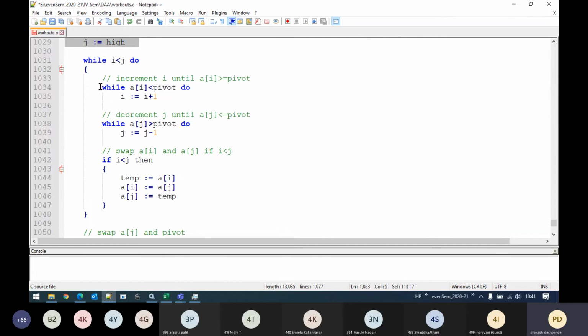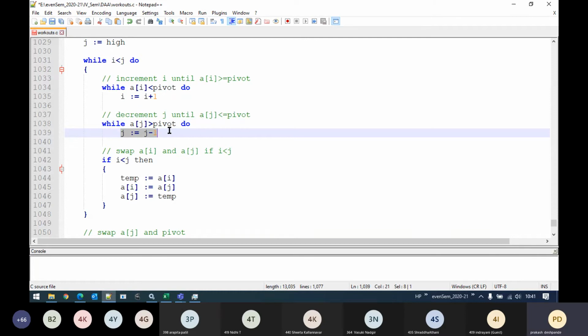First, we increment i until we find an array element greater than or equal to pivot. This is written the other way like this: if A of i is less than the pivot element, then increment i. For j, if A of j is greater than pivot, decrement j.